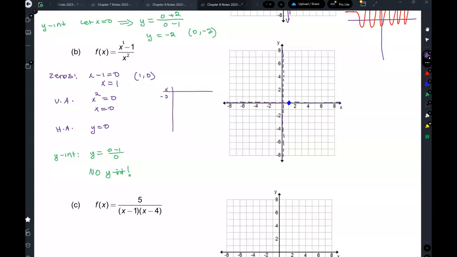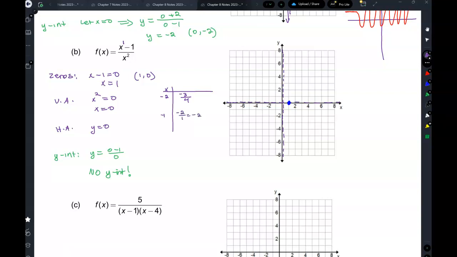I'm going to look at -2 and -1. When x equals -2, we get -3/4. And when x equals -1, I get -2/1, which is -2.